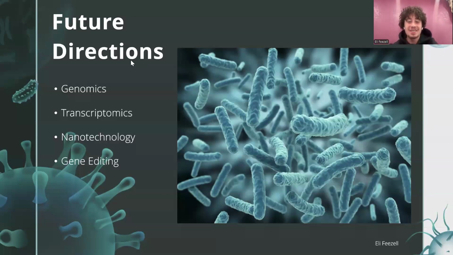So, the future directions that bioremediation is heading in are genomics, transcriptomics, nanotechnology, and gene editing. The genomic tools analyze the isotope distribution, DNA hybridization, molecular connectivity, metabolic footprinting, and metabolic engineering.